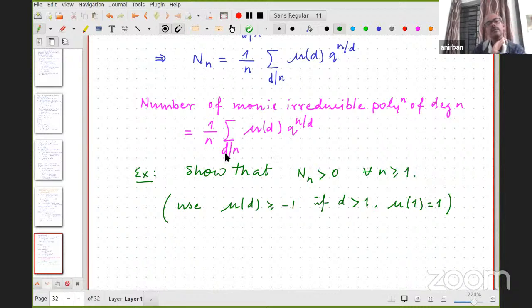So if d is 1, then what you have is q to the n by n. Then if you take this lower bound -1, you simply have to show that all other terms add up to something less than q to the n. So the leading term would be q to the n by n, and you have to show that other things are smaller.